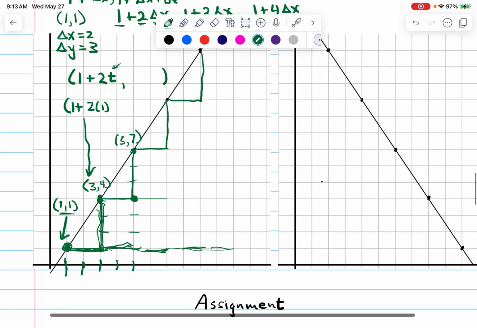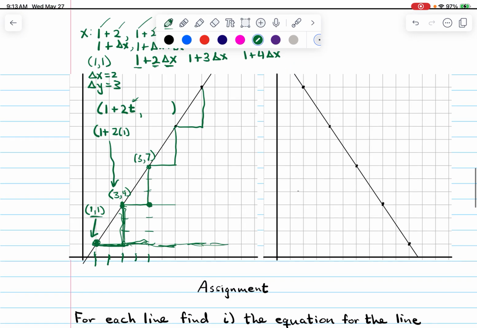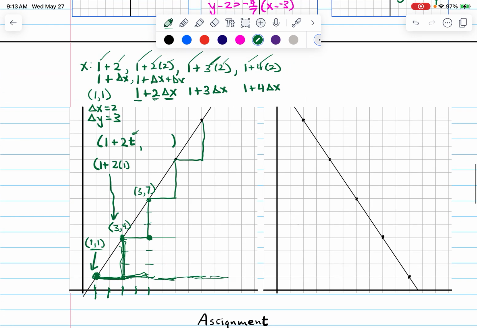What if t is 2? Well, we've got 1 plus 2 times 2, and that would be your x-coordinate, so that would be 5. That matches there. So now this is the x-coordinate.